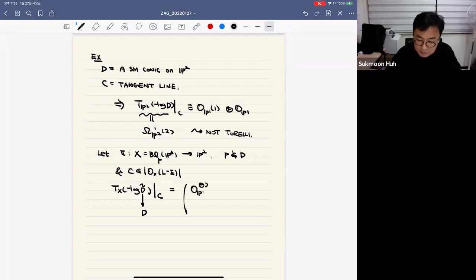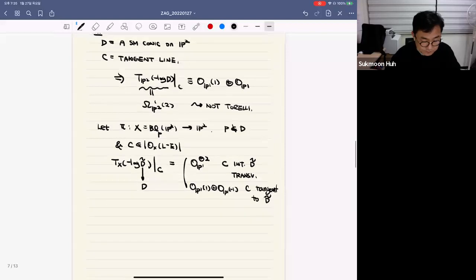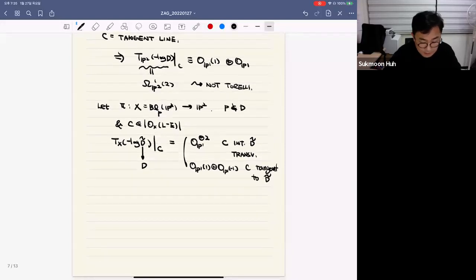First, we have the direct sum of two copies of O if C intersects the strict transform D tilde transversely. And if C is tangent to D tilde, we have a different splitting type. All right.